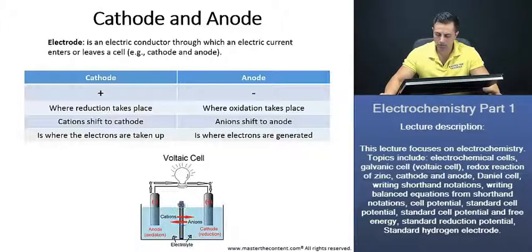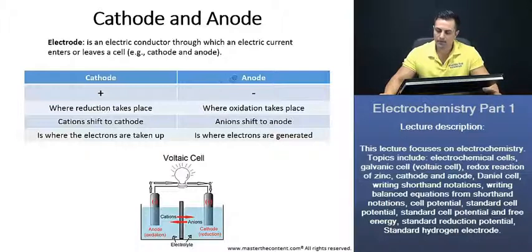This is a porous disk here. Additionally, this is where the electrons are taken up, as we see our electrons being taken up here at the cathode. We're going to do an extensive example of this in just a moment. I just want to first familiarize you with some of the actions that take place in the voltaic cell.